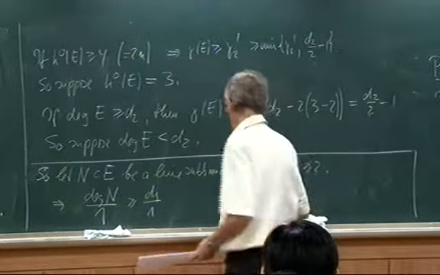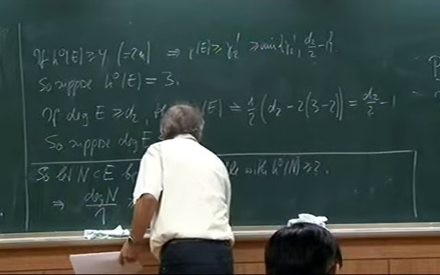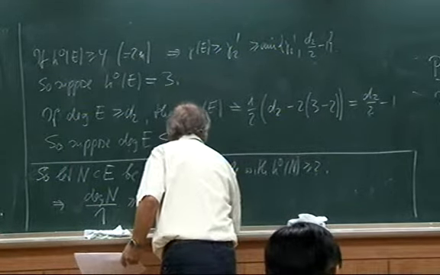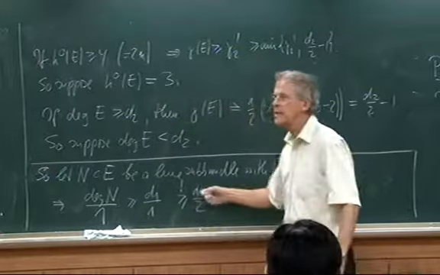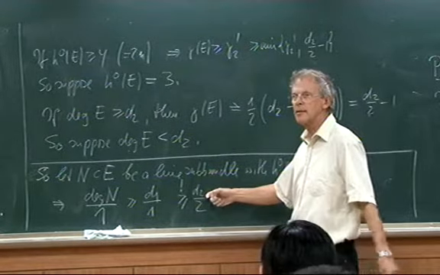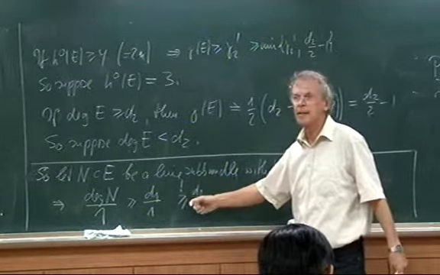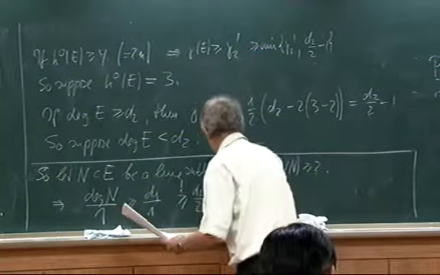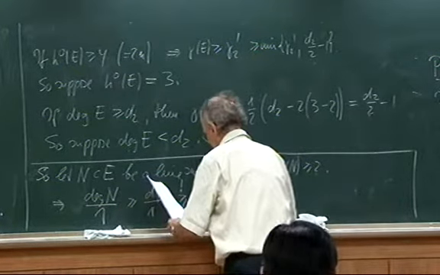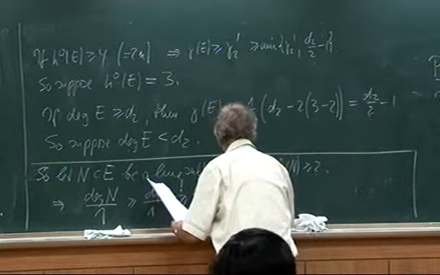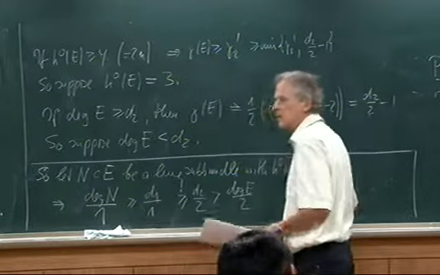And now we use the assumption. By assumption, this is greater or equal to d2 over 2. Here you see the assumption and how these gonality invariants come in here, right? d2 over 2, and this is greater or equal to degree E over 2, which is the slope, right?